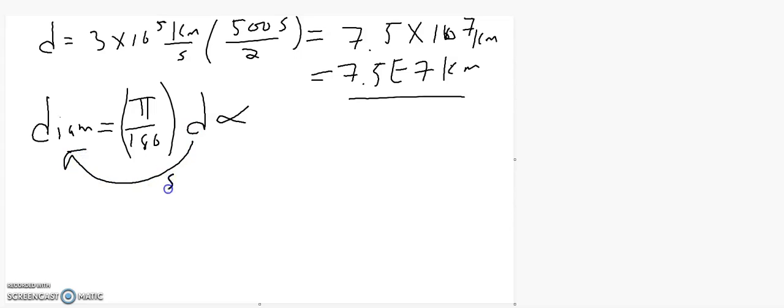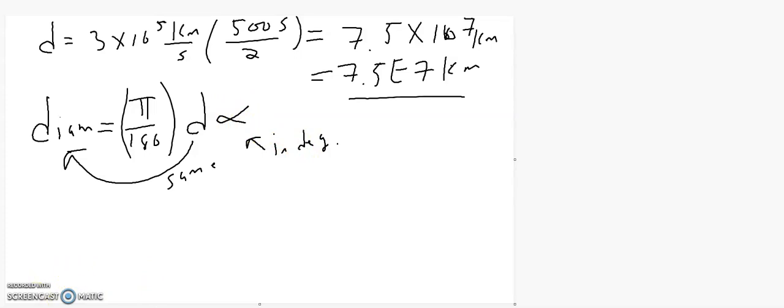But alpha has to be in degrees. We already have the distance, so all we have to do is convert the angular size, that's what alpha is, into degrees.